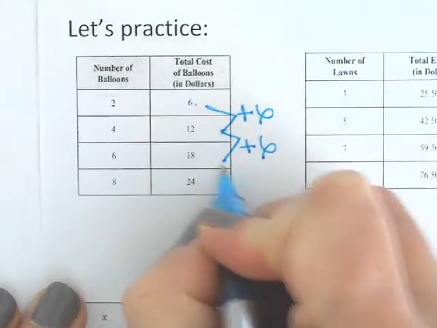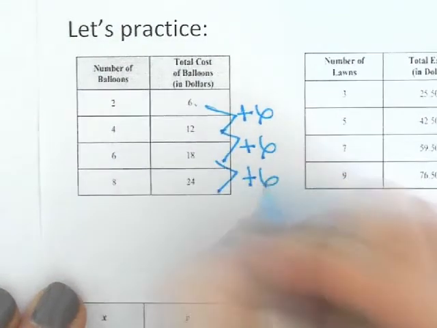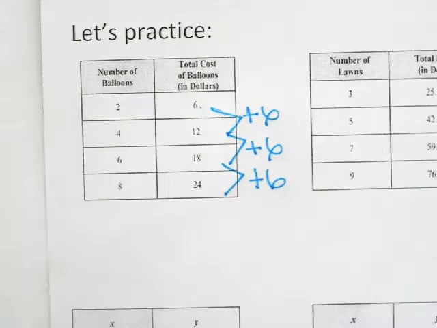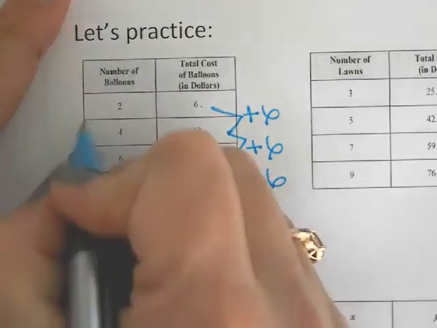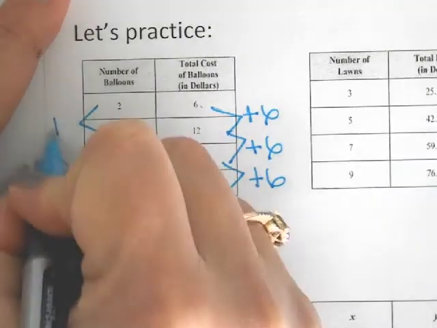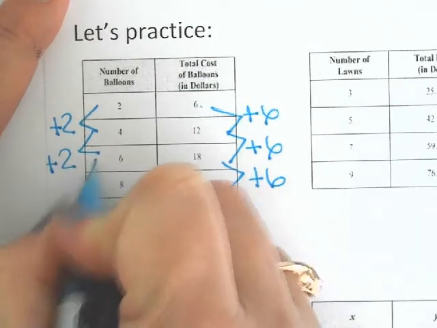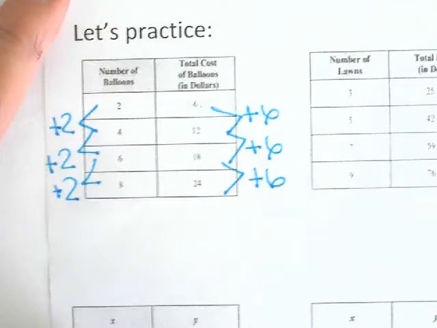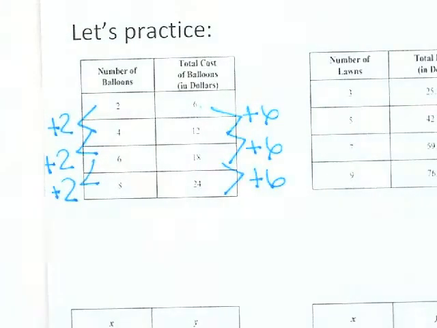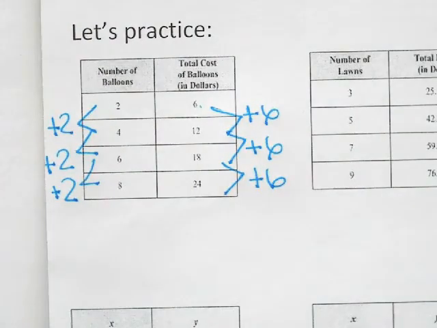I want to make sure they're all the same. The number of balloons is my x value, and my difference there is plus 2. The reason I put plus or minus is that if you are subtracting something, you're probably going to have a negative slope. So I always write down if I'm increasing or decreasing as a plus or a minus sign.